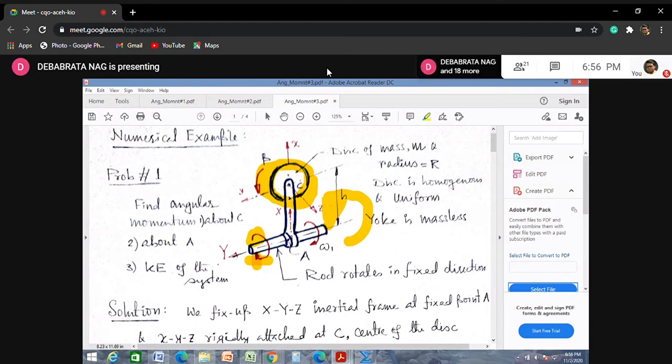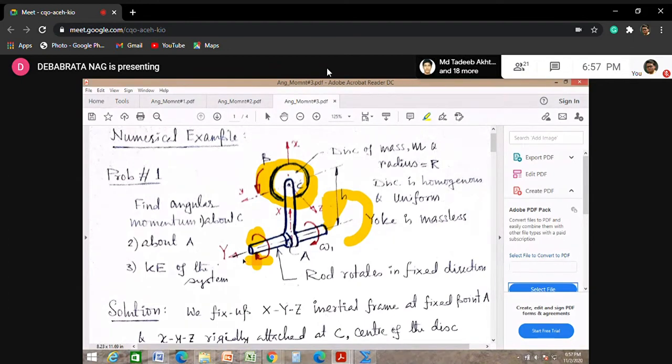So what you need to do? You need to find out the angular momentum of the system. System means here all these are massless objects, so only the mass is here. So you need to find out the system's angular momentum with respect to the center of mass. This is the center of mass naturally of the entire system.